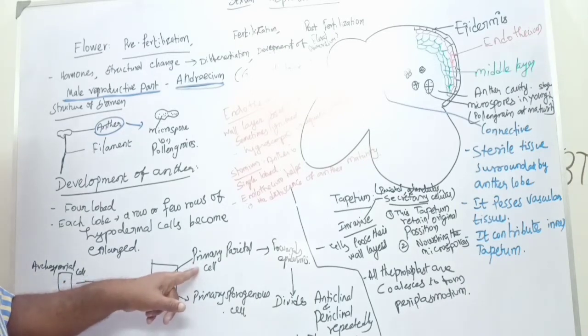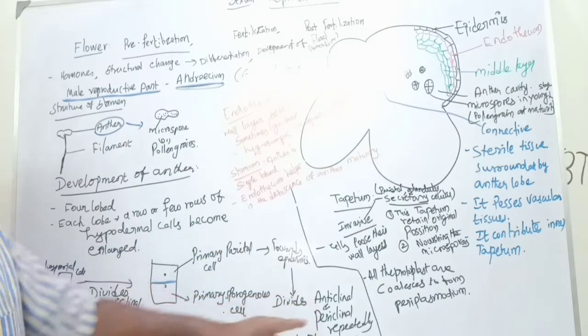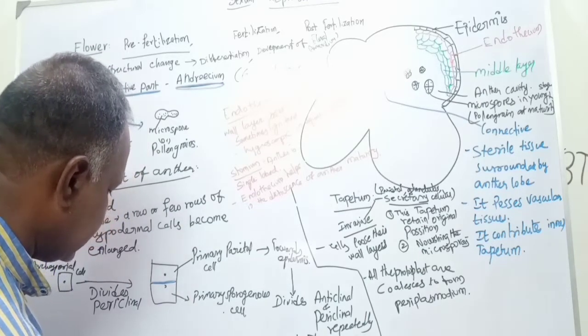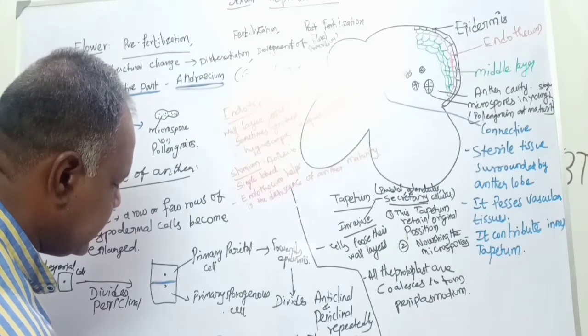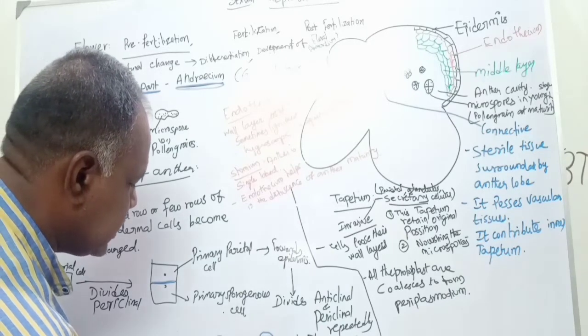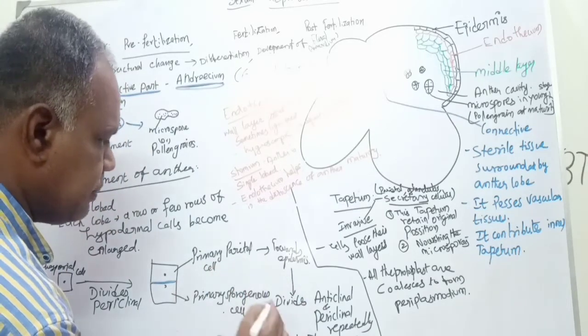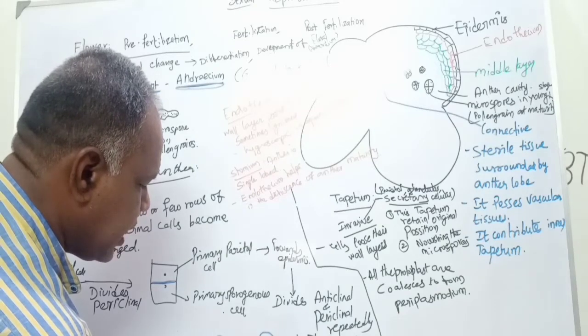The primary parietal cell towards the epidermis divides anticlinally and periclinally.